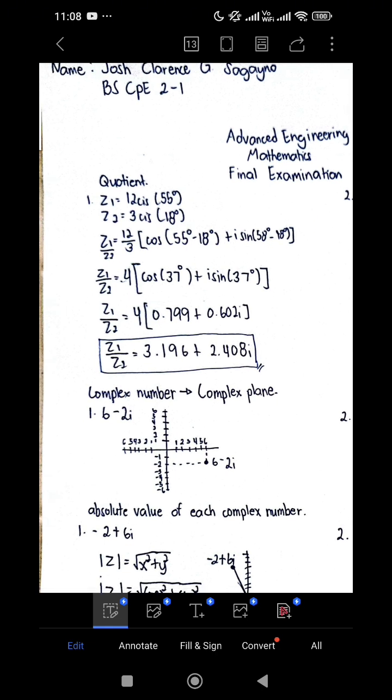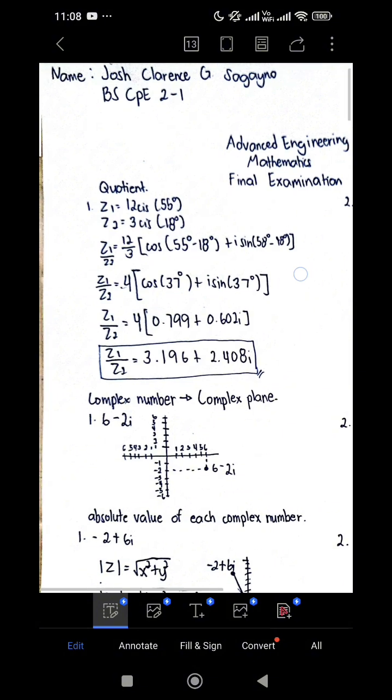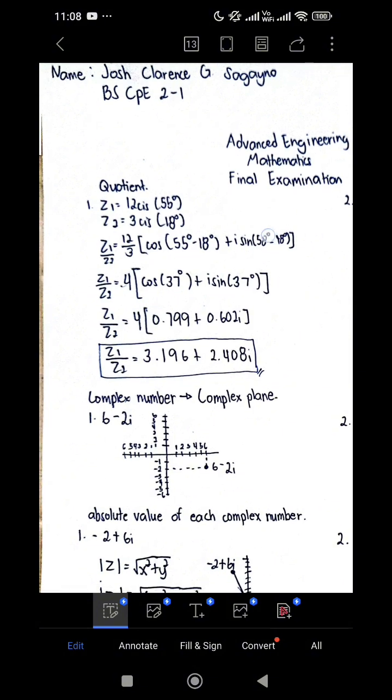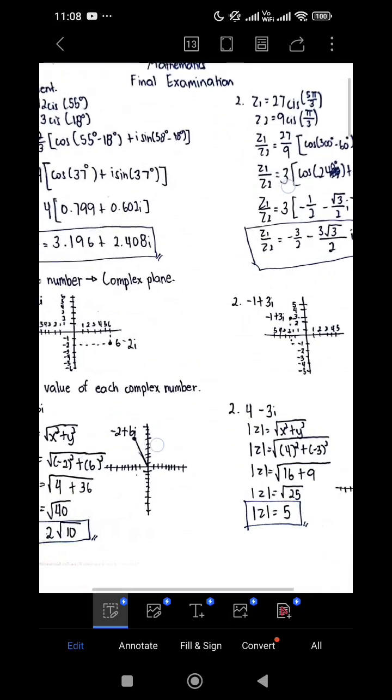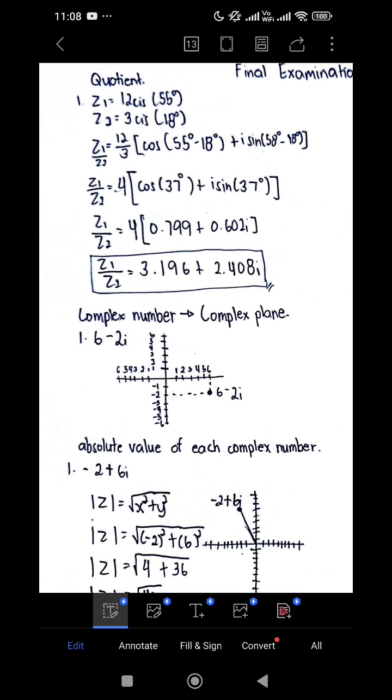Then we use this: Z1 over Z2 equals 12 over 3 cis, cosine 55 degrees minus 18 degrees plus i sine 55 degrees minus 18 degrees. Then we get Z1 over Z2 equals 4 cosine 37 degrees plus i sine 37 degrees.